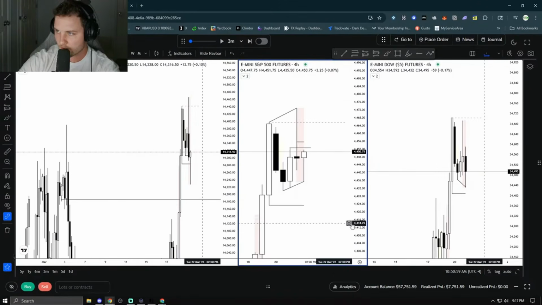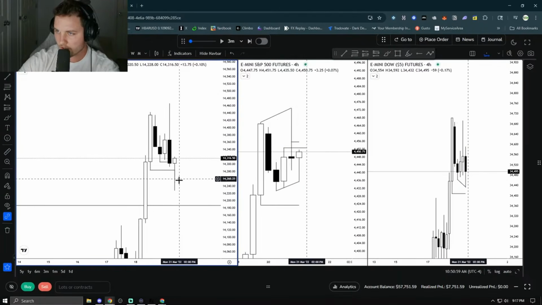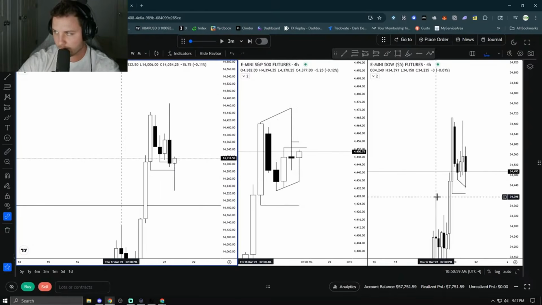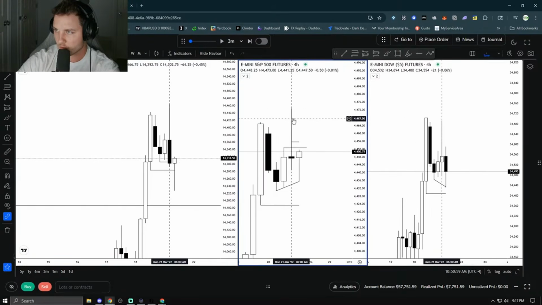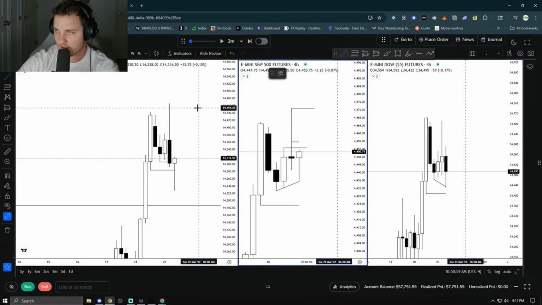Let's look at the 4 hour quick. Yeah, look at YM rejecting red. So again, the daily wick has to be formed here. So if this high fails to take out this low, I would presume we take out this high.